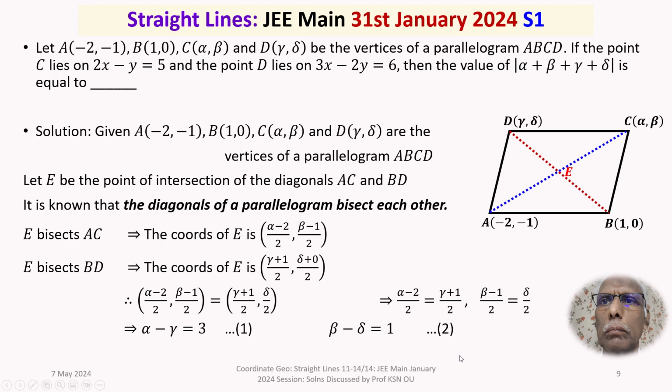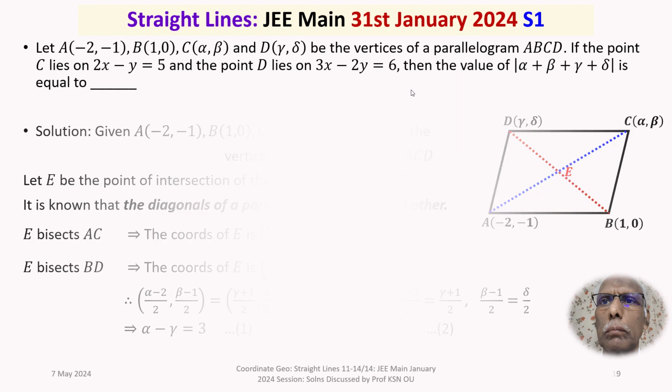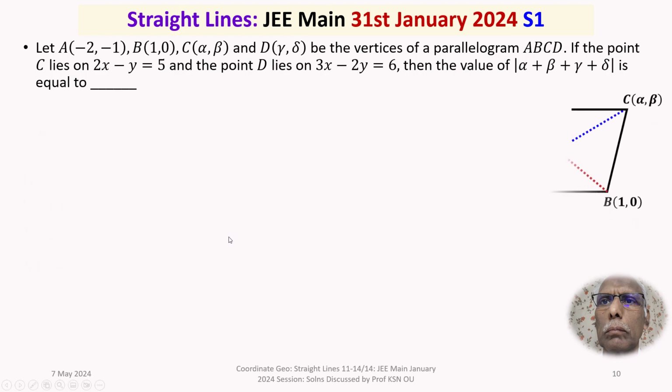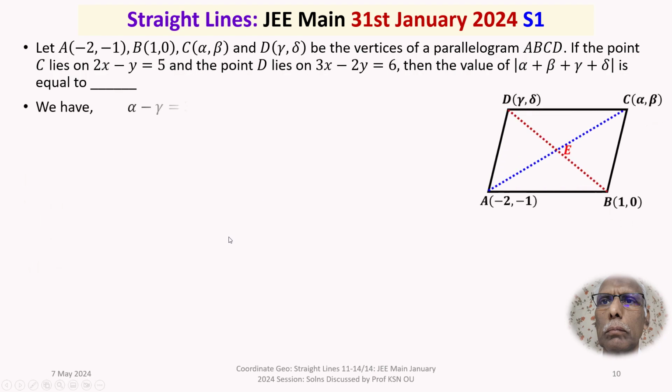And our goal is to find alpha, beta, gamma, delta. We have not used all the data that is given. So, these two, C lies on this line and D lies on this line, are to be used. And from that, you have to find the values of alpha, beta, gamma, delta and find modulus of alpha plus beta plus gamma plus delta.